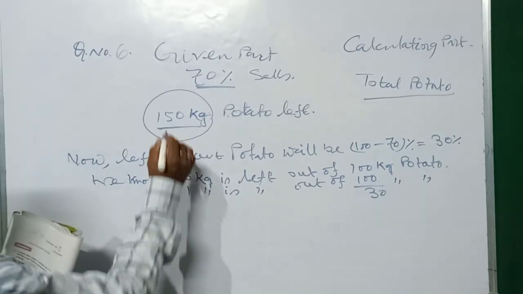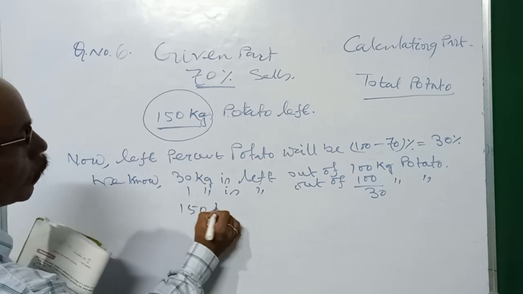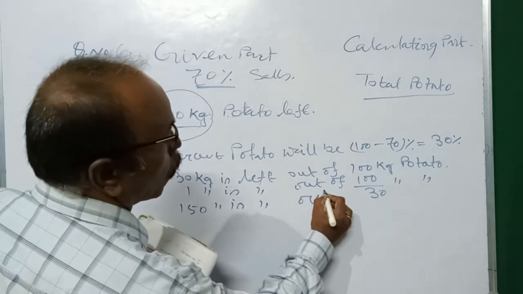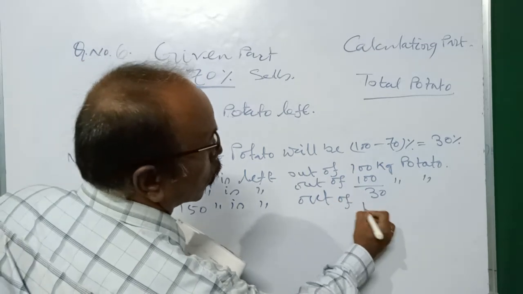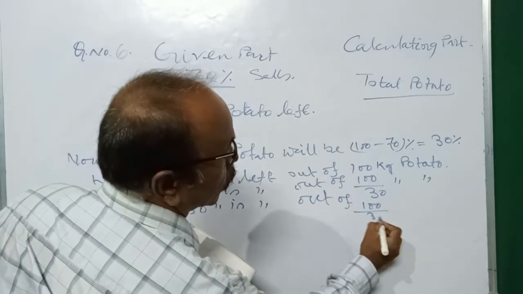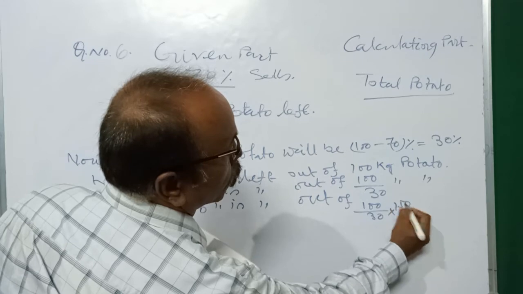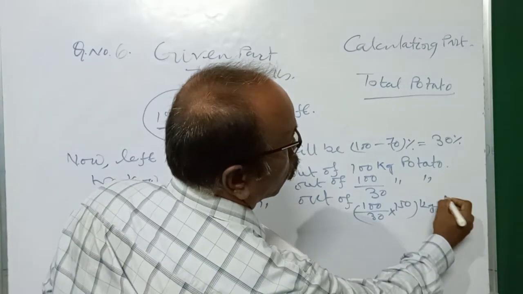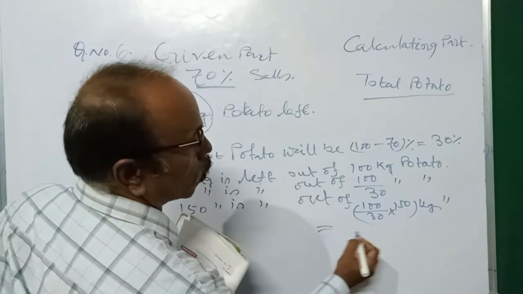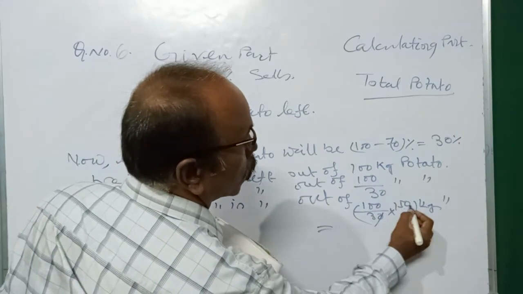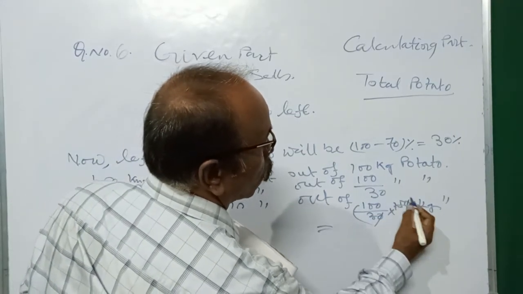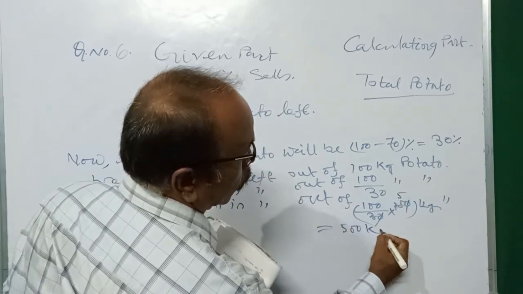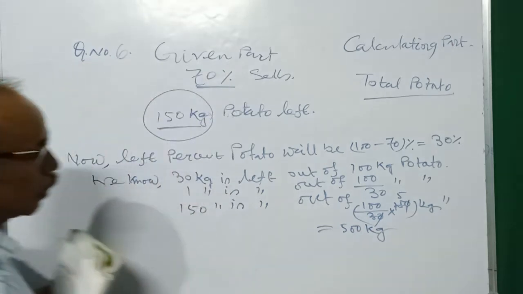Next, 150 kg is left out of 100 divided by 30 into 150, which is equal to 500 kg.